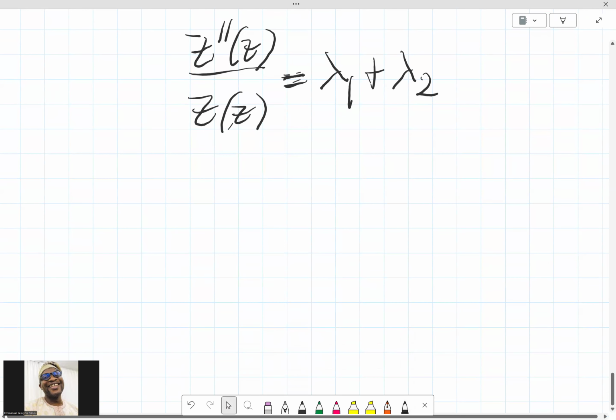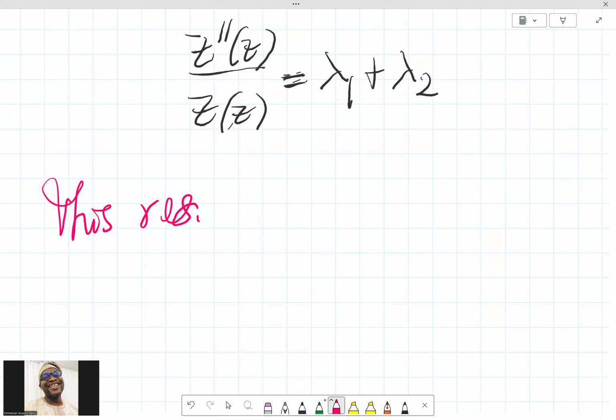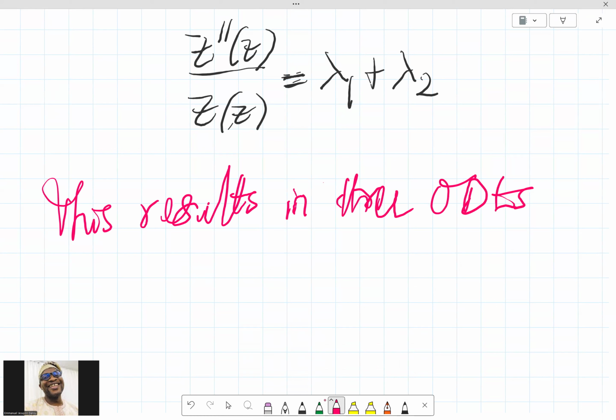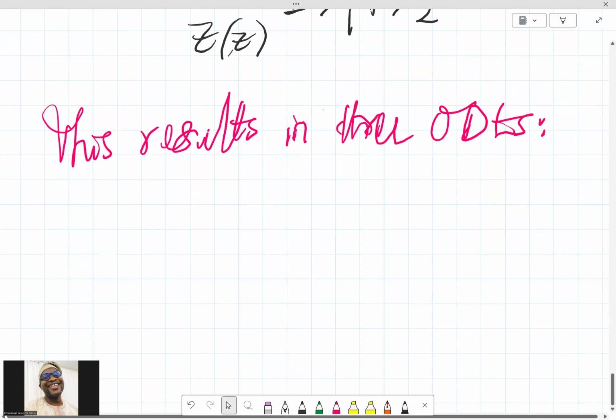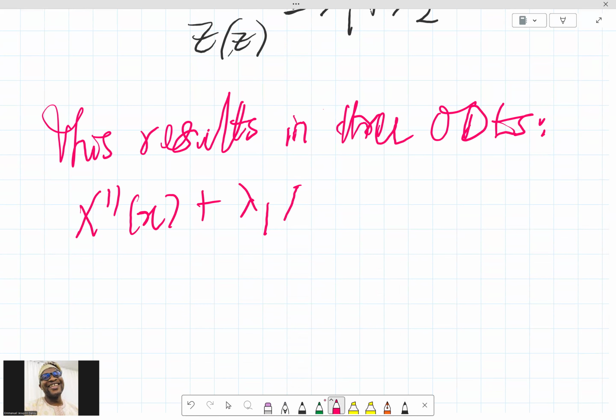So now you see that this separation results in 3 ordinary differential equations. So the first is X double prime of x plus lambda 1 X of x equals 0.